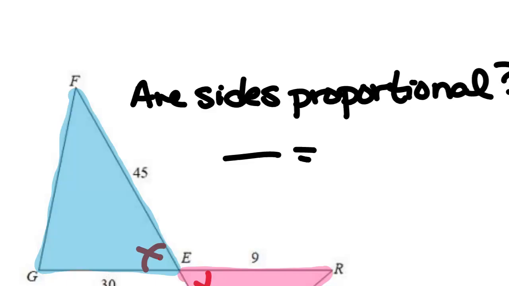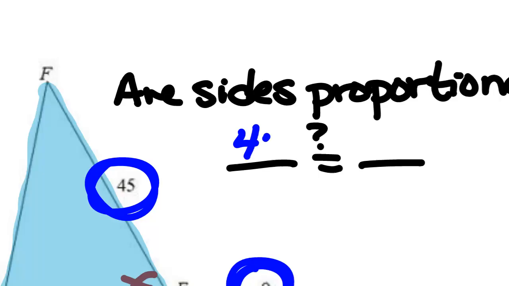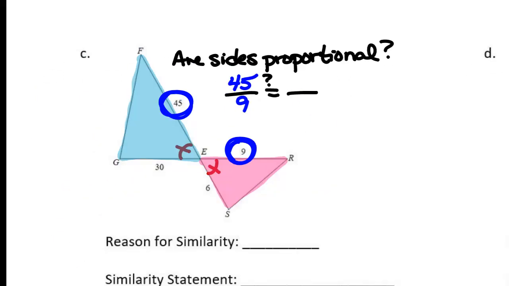So fraction, question mark, is it equal to my other fraction? Biggest side to biggest side. Which sides are we matching up? 45 and 9. Let's do 45 over 9. We could do it the other way around. That'd be perfectly fine if you wanted to do 9 over 45.